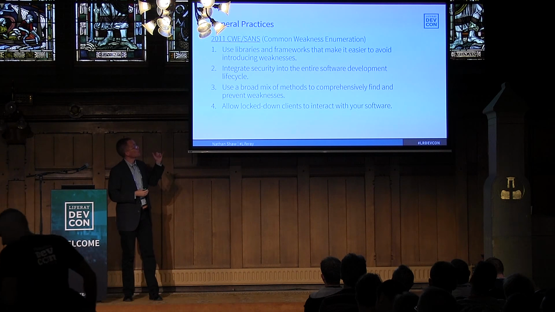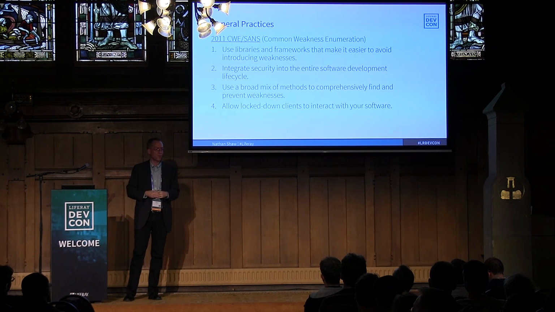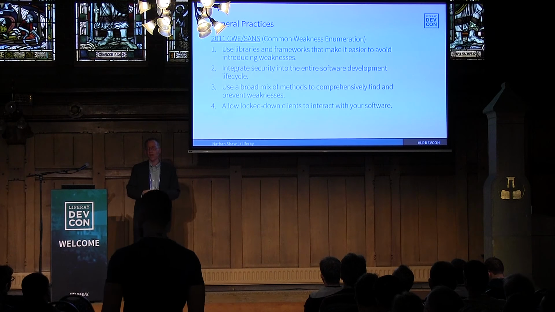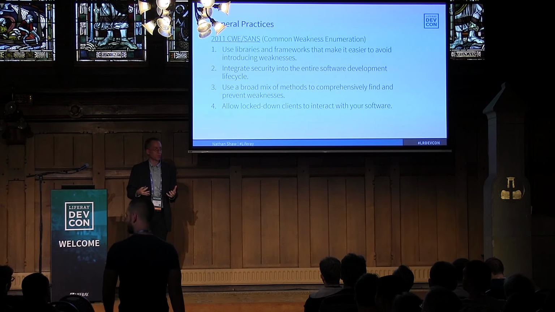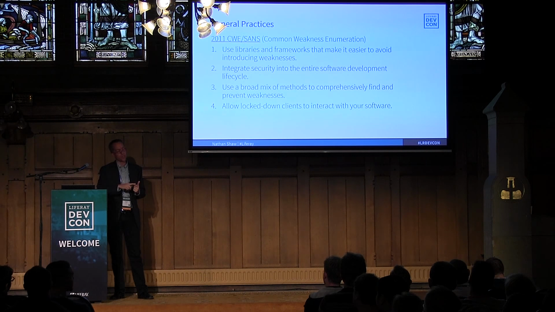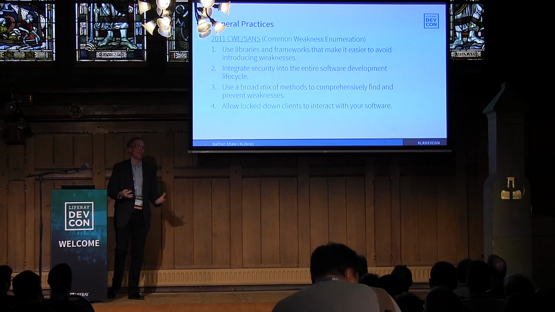This CWE SANS survey of the top 25 issues that people run into is a couple years old now, but they summarize some practices and some mitigations you can do on your project that will help secure your system. So number one of the general practices is use libraries and frameworks, right? Don't reinvent the wheel.